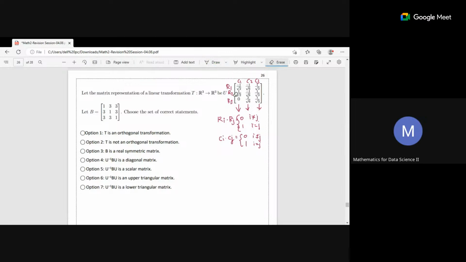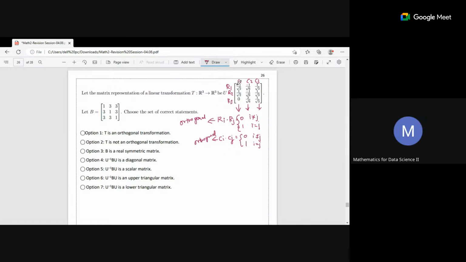Fine. So here you see that this matrix satisfies all these properties. Ri dot Rj is 0 for all i not equal to j. This condition tells that the rows are orthogonal. In the same way, this first condition says that the columns are orthogonal. And what about the second condition, i equal to j?